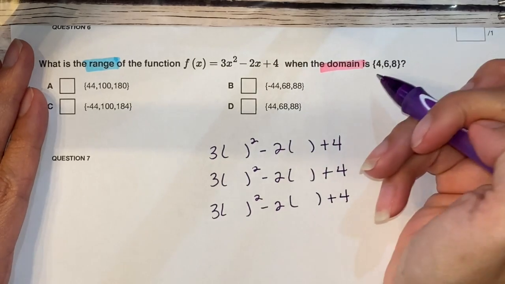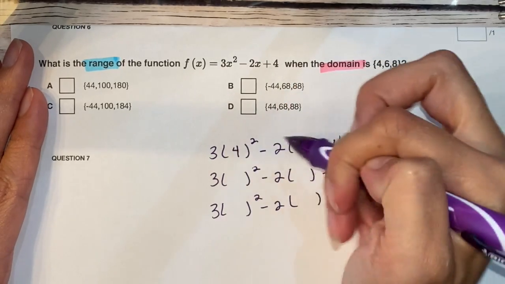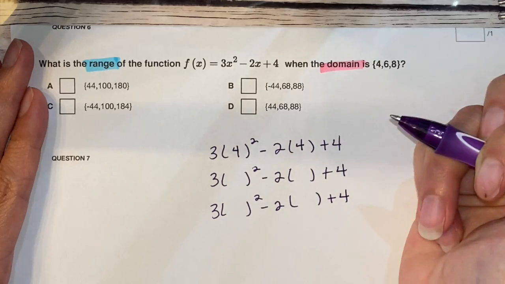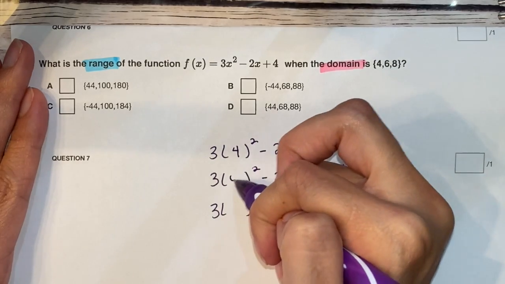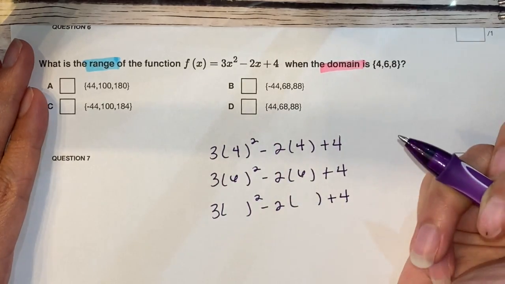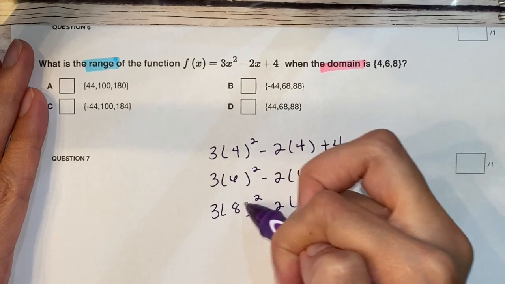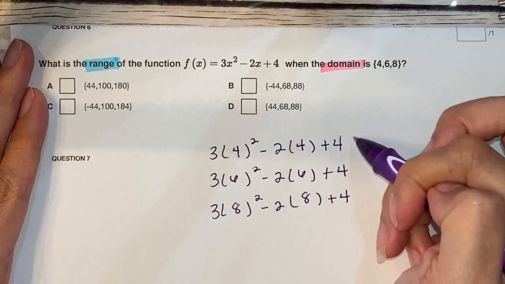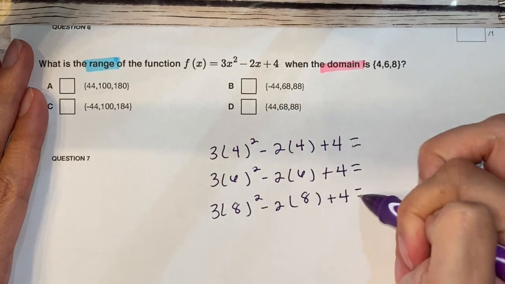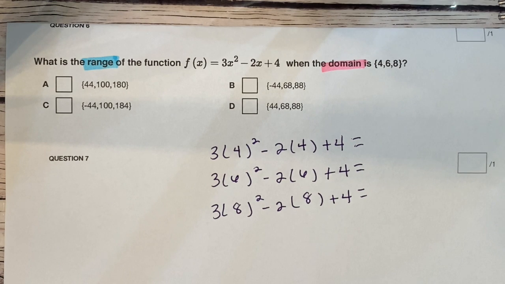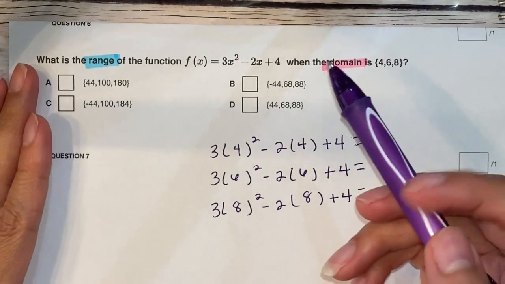So first one is going to be 4. So 4 here, a 4 there. The next one is going to be a 6 here, a 6 there. And the last one is going to be an 8. 8 here, 8 there. From this point, you can use a calculator. It really is your choice. So I'm just going to quick math it.